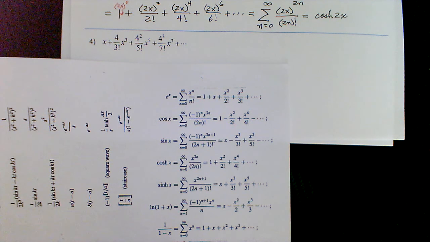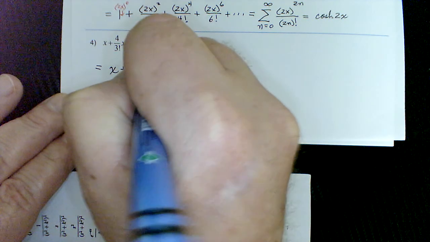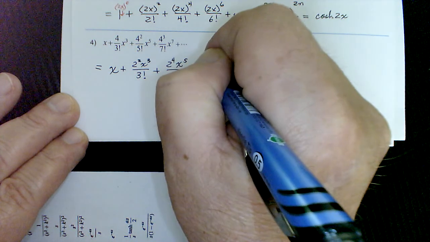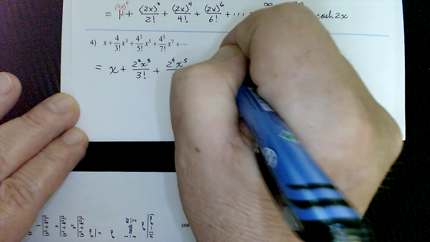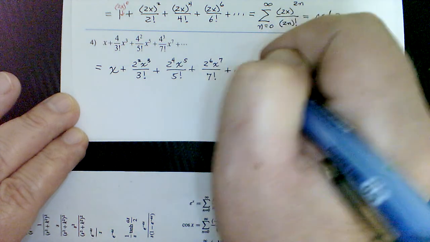So, we'll take the same approach initially as the previous problem. That is, I'll write this as x plus 2 squared x cubed over 3 factorial plus 2 to the fourth x to the fifth over 5 factorial plus 2 to the sixth x to the seventh over 7 factorial, and so on.